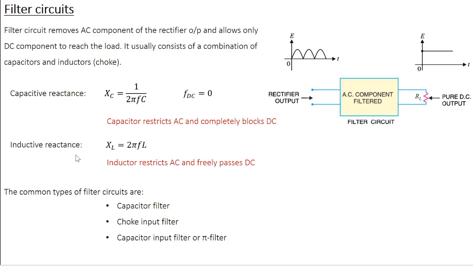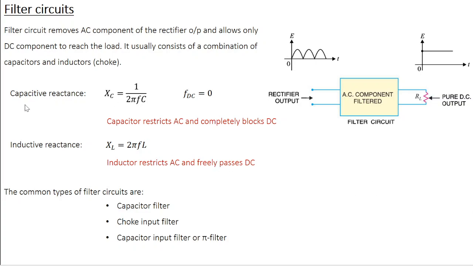When it comes to an inductor, the inductive reactance is given by XL equal to 2 pi f L. Once again, for AC, it allows AC to pass through with some restriction. What about DC? For DC, f is 0, so inductive reactance is 0. In other words, it allows DC to pass completely.